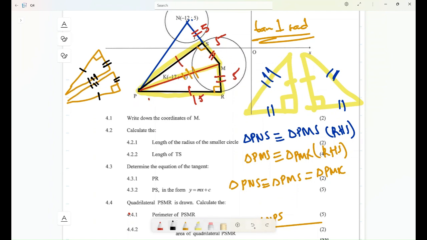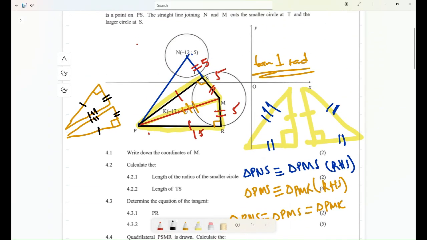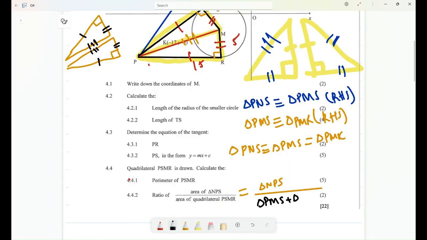So instead of saying quadrilateral, I'm gonna say triangle PMS plus triangle PMR. If the handwriting confuses me, so yes, PMR, okay, triangle PMR.